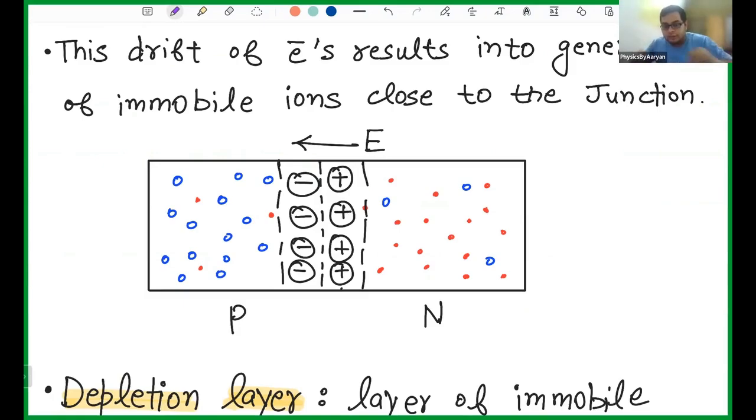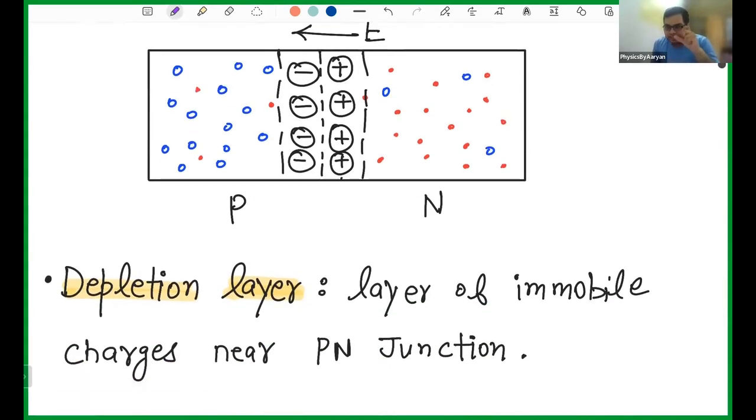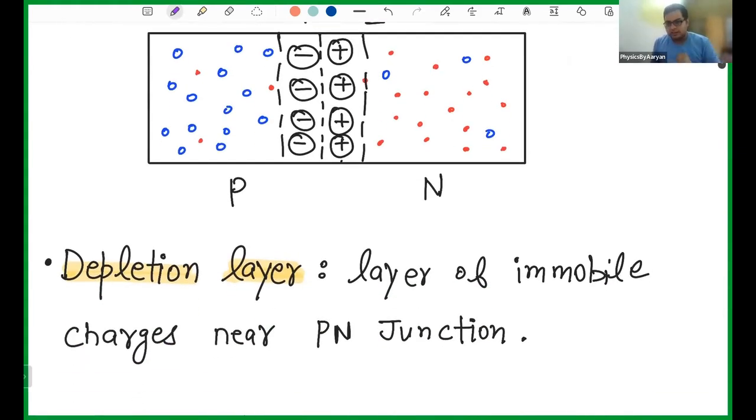And in the equilibrium state, what does the PN junction have? The PN junction has a barrier, or you can say a depletion layer, around the junction. This line is the junction where P and N connect together. Around this junction, we have one layer which is known as the depletion layer. What is the definition of this layer?